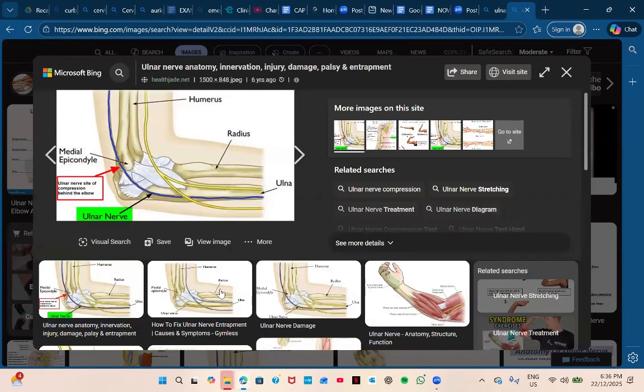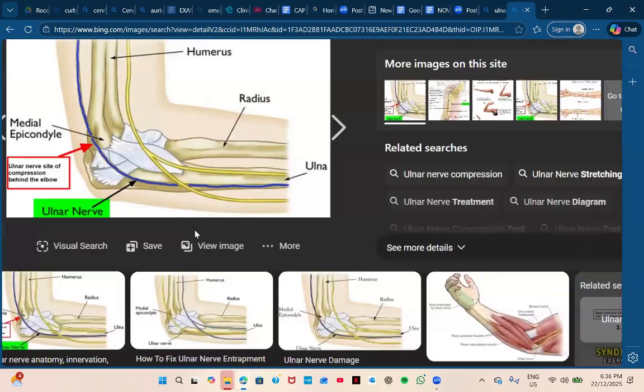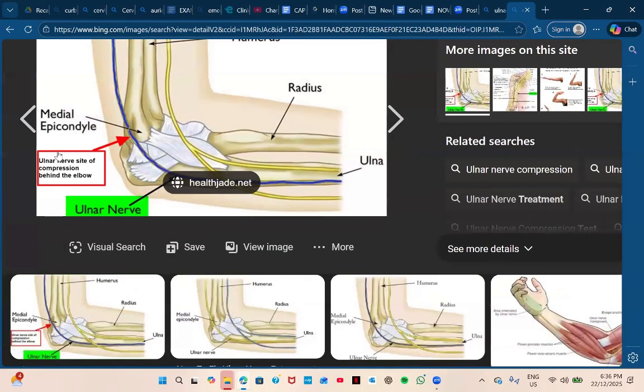Here you can see how the ulnar nerve is going, right? If the fracture is here, what nerve is damaged? It is the ulnar nerve, right? You all agree with me, right?